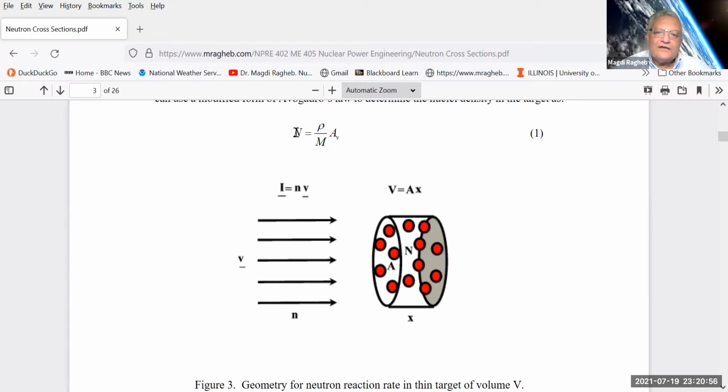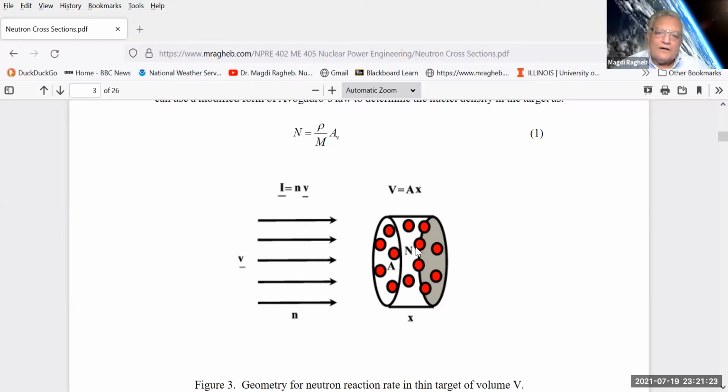So we use in that case a modified form of Avogadro's law, where G here, the mass, is replaced by the density. And in that case, when we calculate the number of atoms, we don't get the total number of atoms, we get the number of atoms per unit volume. This is Avogadro's number. This is the molecular or atomic weight of the substance in the target. And rho is the density of the target.